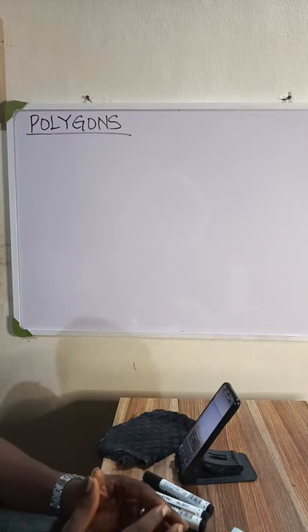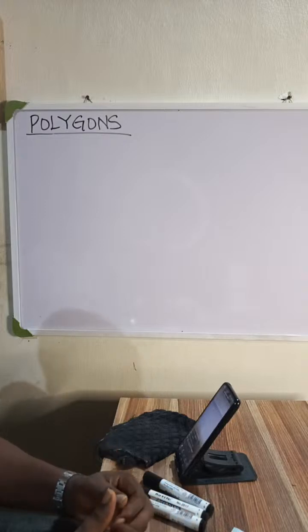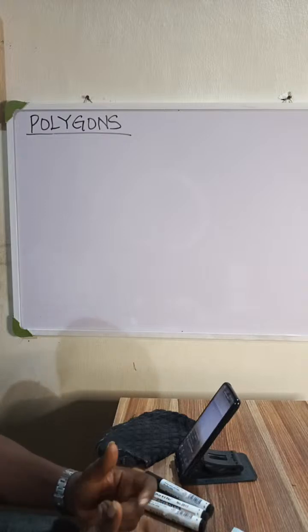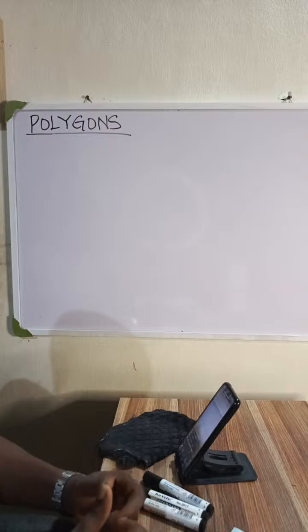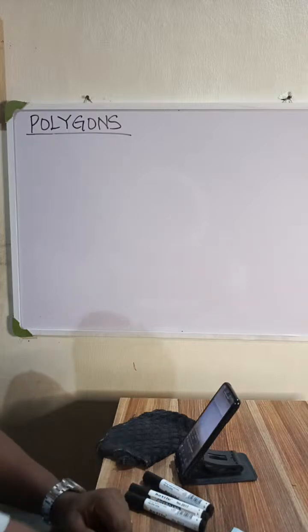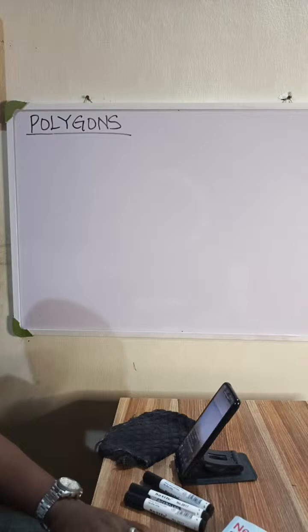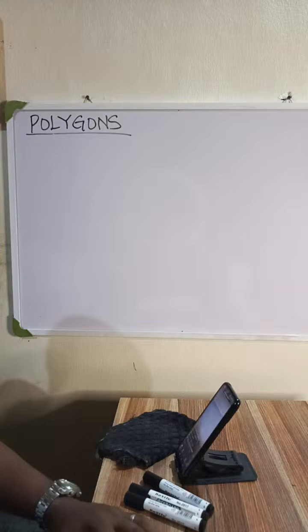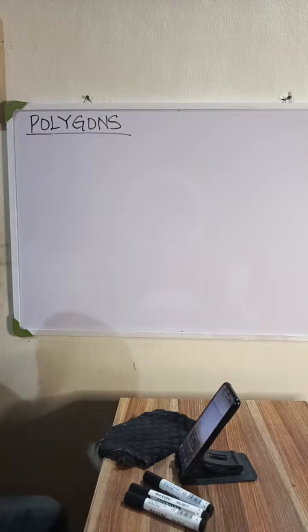We looked at how to calculate interior angles of regular polygons and interior angles of irregular polygons. I think that's where we stopped in our last class. So in this class, we'll be going further to look at how to calculate exterior angles of a polygon.